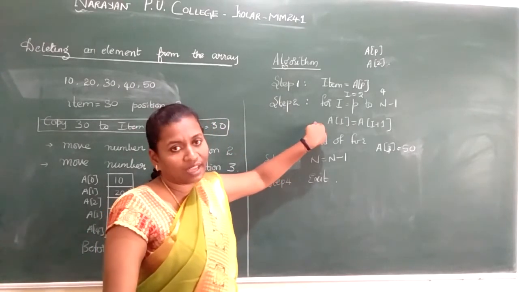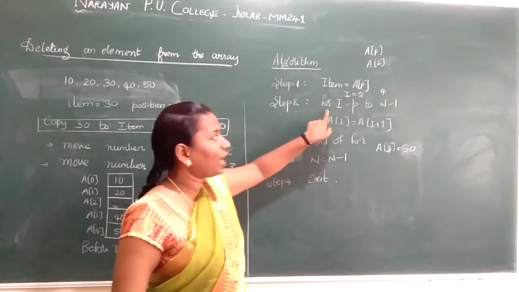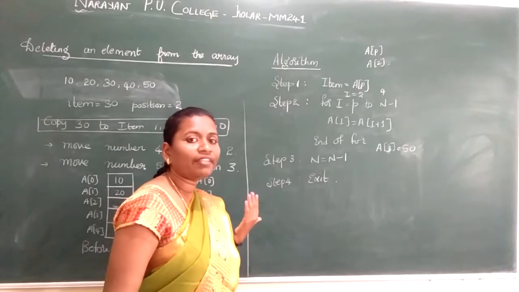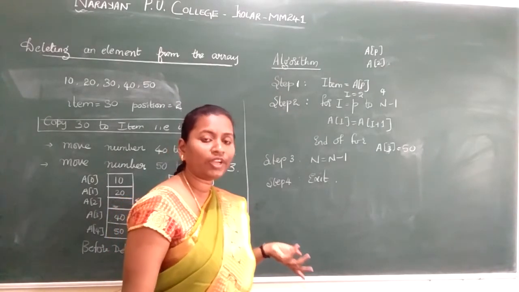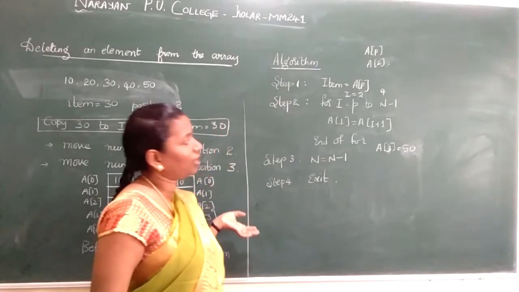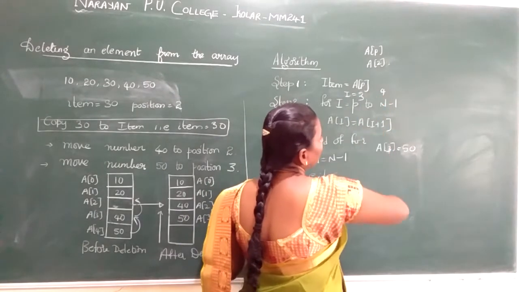In the algorithm I have not shown it, but I have just mentioned that the for loop will be I equal to P to n minus 1. Either I value is going to increment or decrement. In the previous cases I value is going to decrement, here in this deletion I value is going to increment. So I will become I plus 1, so I value is now 3.